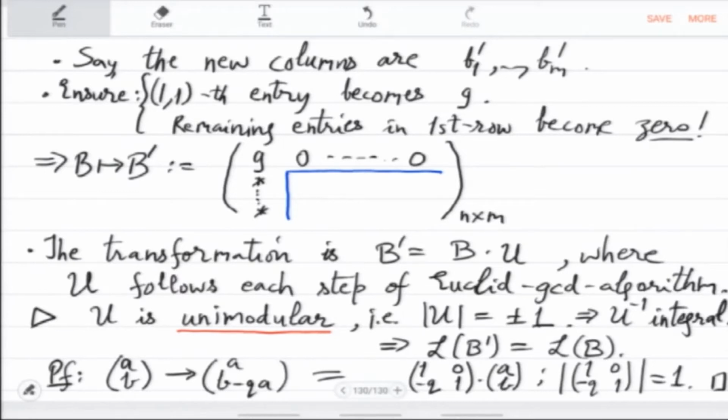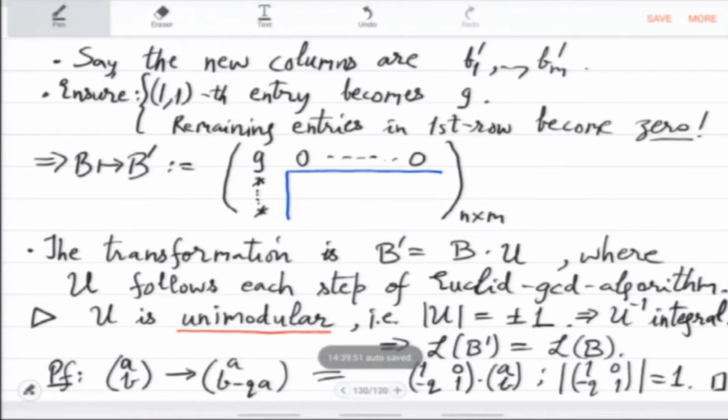And when you repeat this, you are multiplying such matrices, so the determinant will remain 1 or minus 1. It may become minus 1 because you may be permuting the columns also. When you permute columns, you may get a sign.